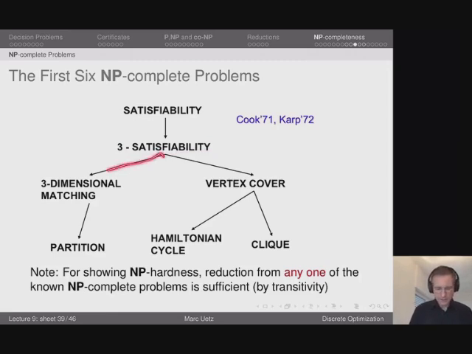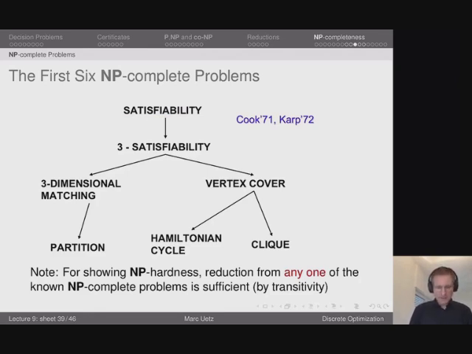And also all these arrows denote existence of polynomial time reductions. So also this partition problem, for instance, is at least as difficult as the satisfiability problem, and so on. And if you think of the satisfiability problem itself, it already reads like a pretty general formulation of a problem, right?